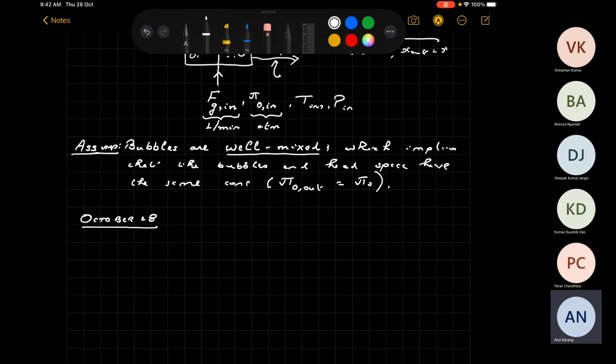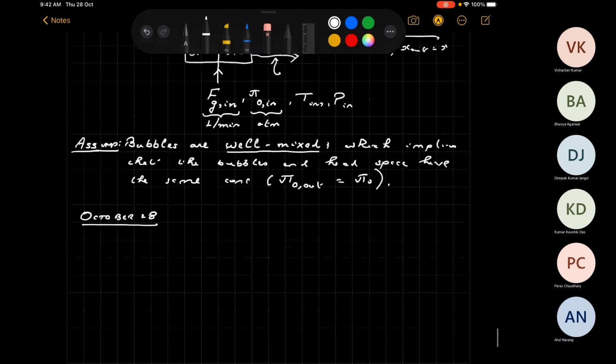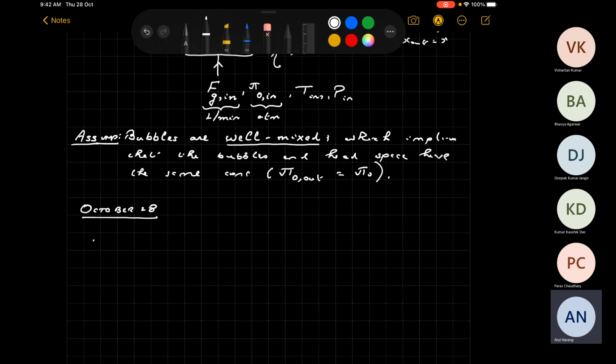Okay. So now, I have to be specific. What I'm doing first is I'm taking a mass balance specifically on the liquid phase of the chemostat.